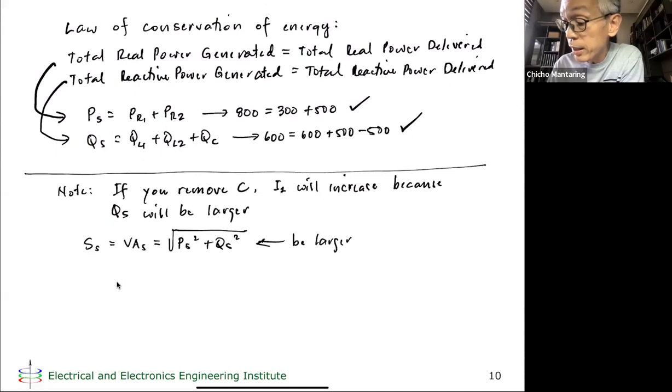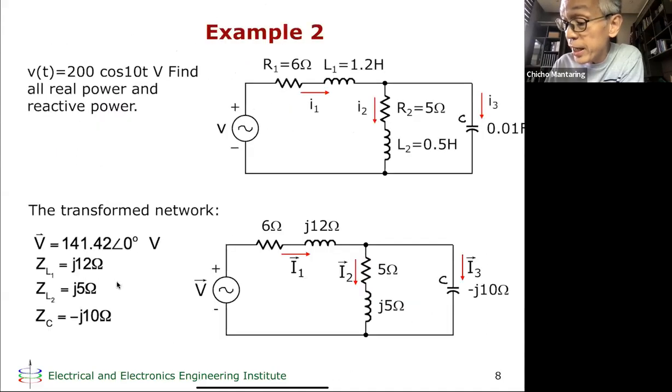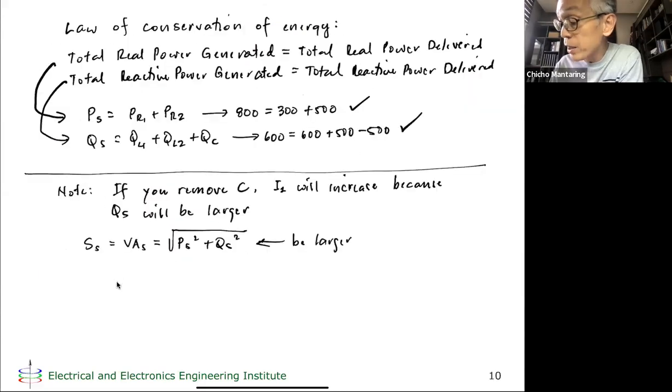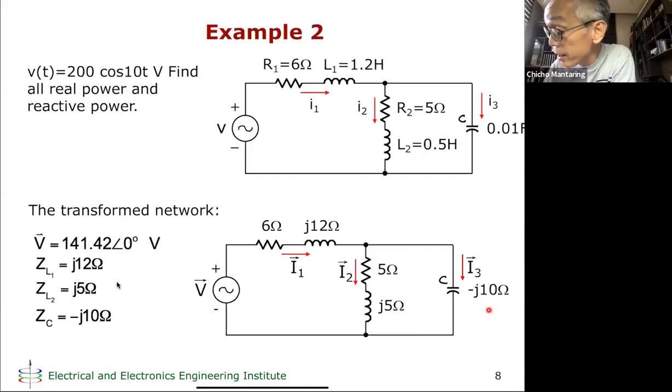If your voltage is the same, and your volt amperes is larger, this means I1 will be larger.